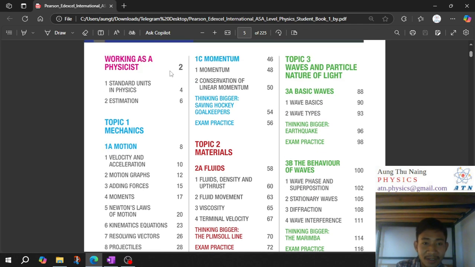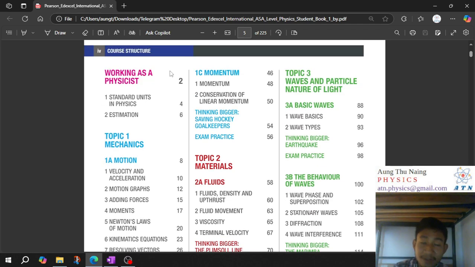This is A-level physics, so I don't want to explain standard units in detail. At first, we must understand physical quantities, and we need to know what physical quantities are.